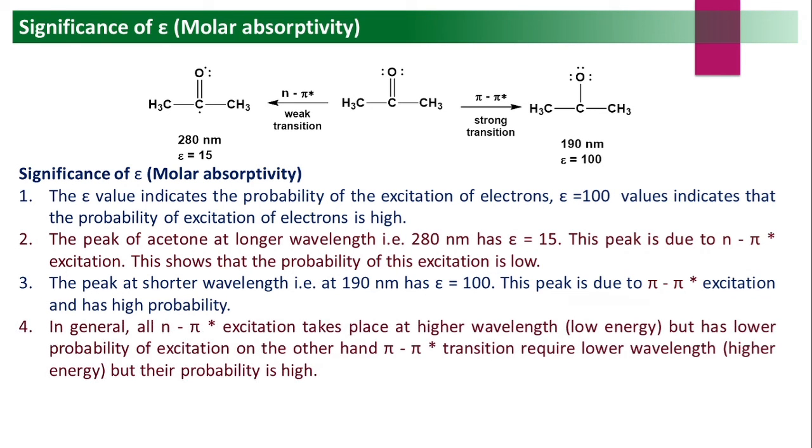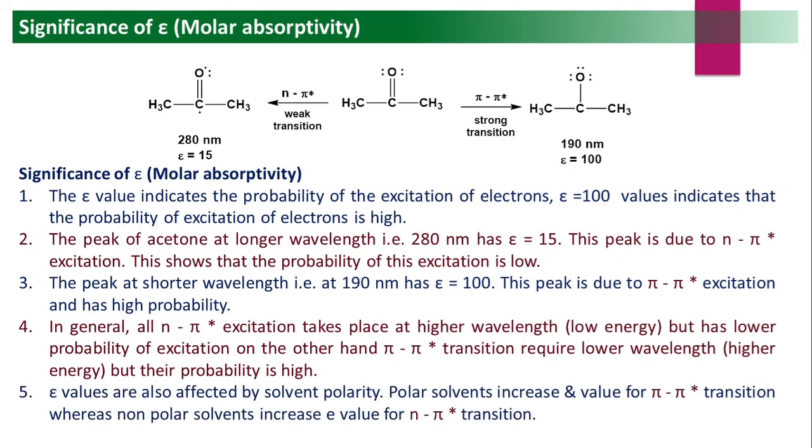In general, all n to pi star excitations take place at higher wavelength, low energy, but have a lower probability of excitation. On the other hand, pi to pi star transitions require lower wavelength, higher energy, but their probability is high. Epsilon values are also affected by solvent polarity.